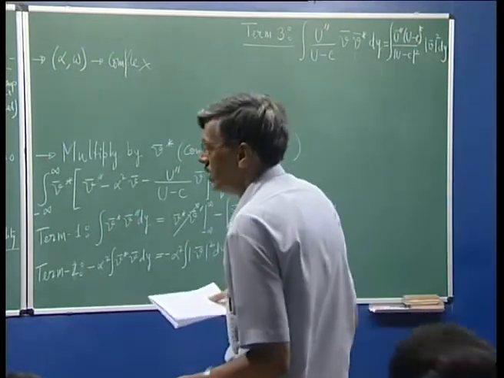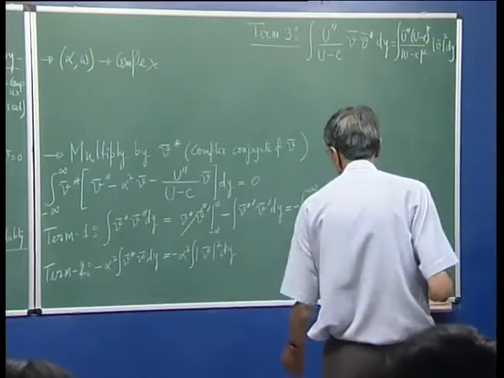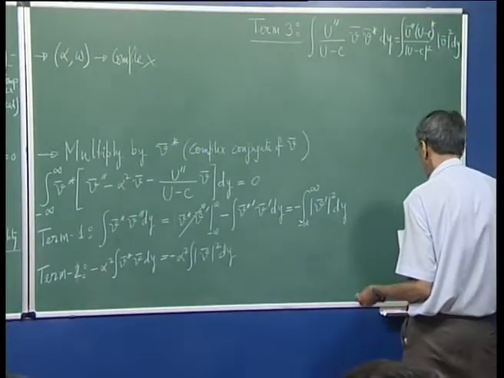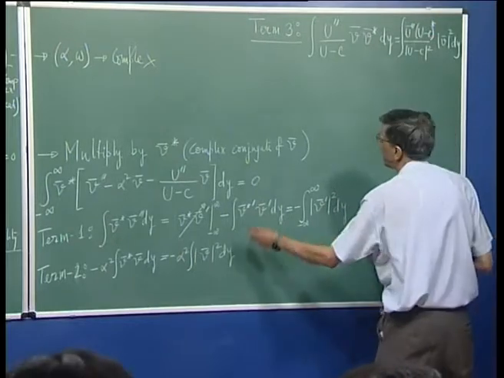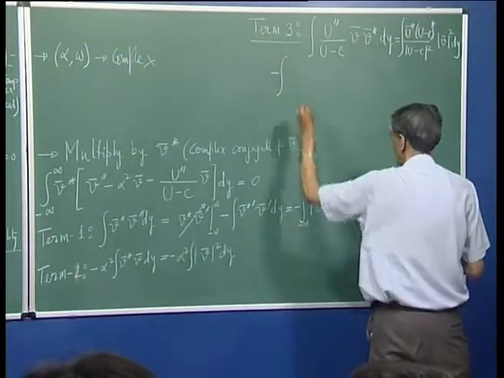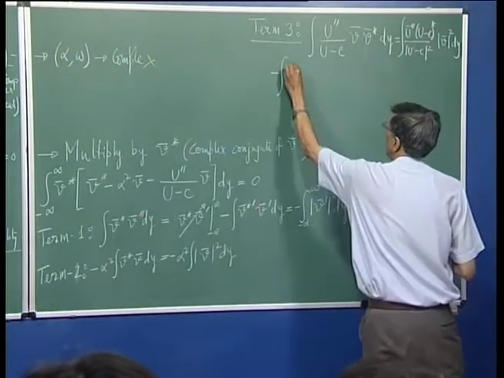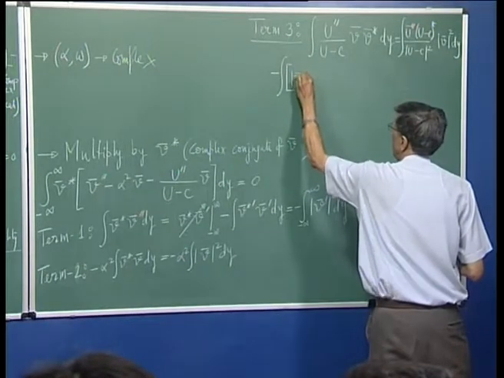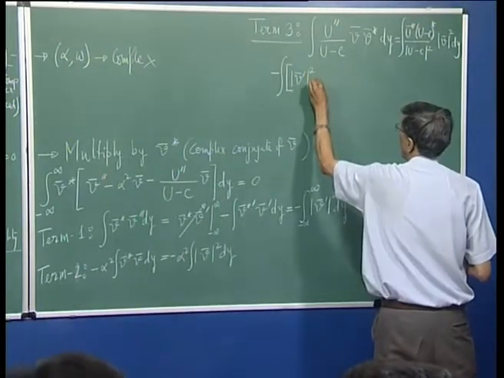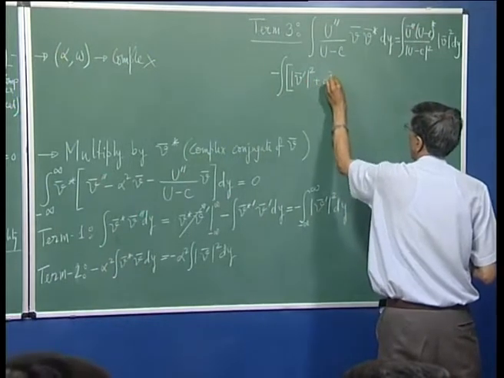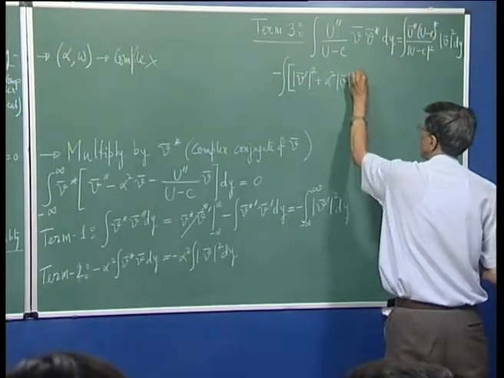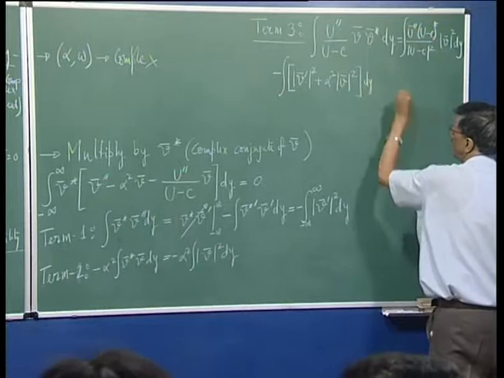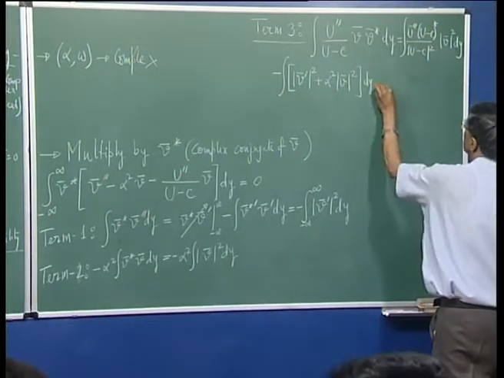So, now you can collect all the terms, the first term, the second term and the third term. What do I get? This is negative, this is negative. So, I will take a negative quantity together, and inside I have v bar prime squared plus alpha square, that is that, and this term is this.